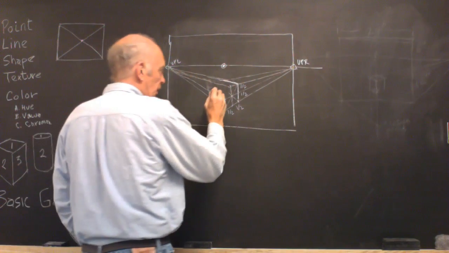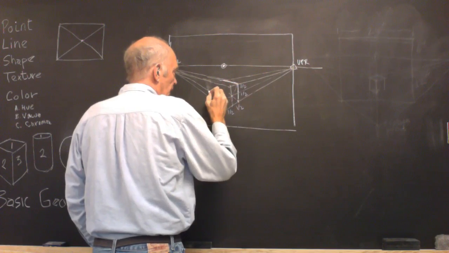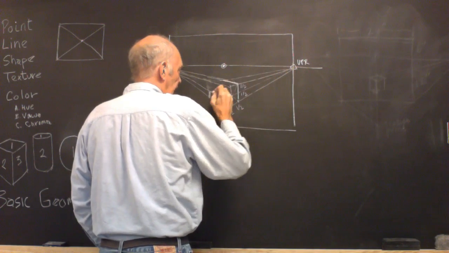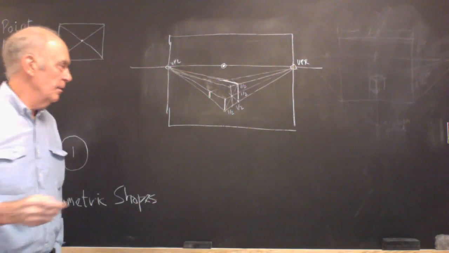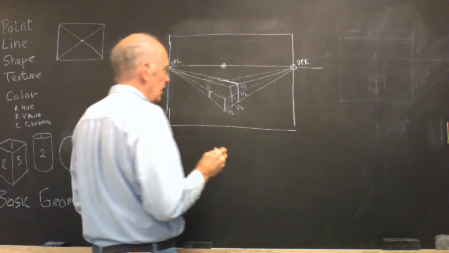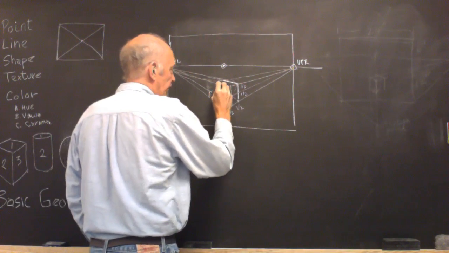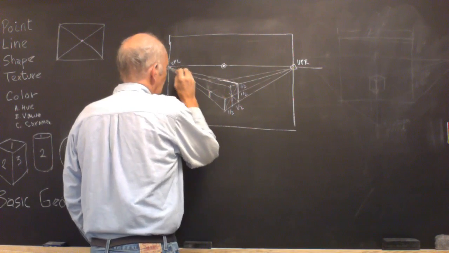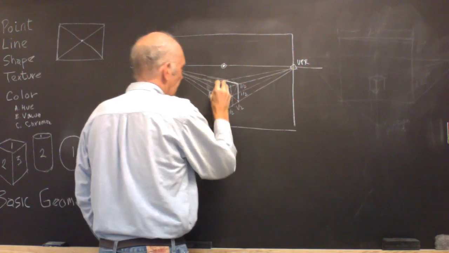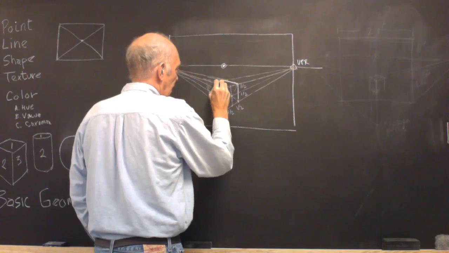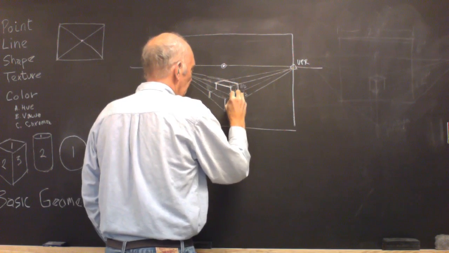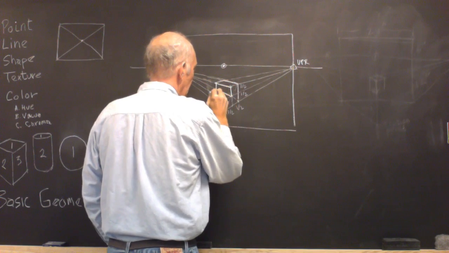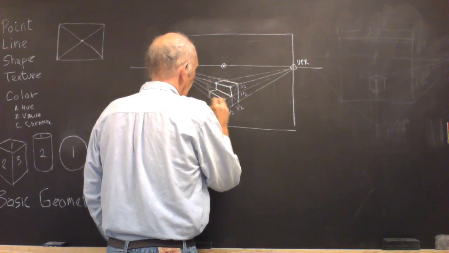And a construction line over here. Now I'm not going to draw it all the way back because I'll be getting too many lines in the drawing. I'm going to draw this one vertical. Right here. Now I'm going to change the construction lines into emphasis lines.